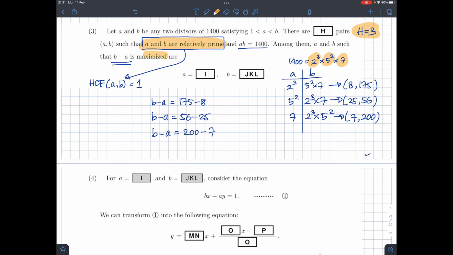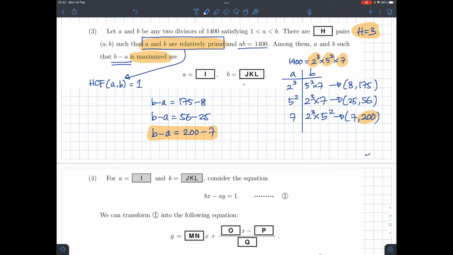Because they ask to maximize as much as possible, we will choose this pair, because the B is the highest among the other possibilities, and the A is the lowest among the other 2 possibilities.